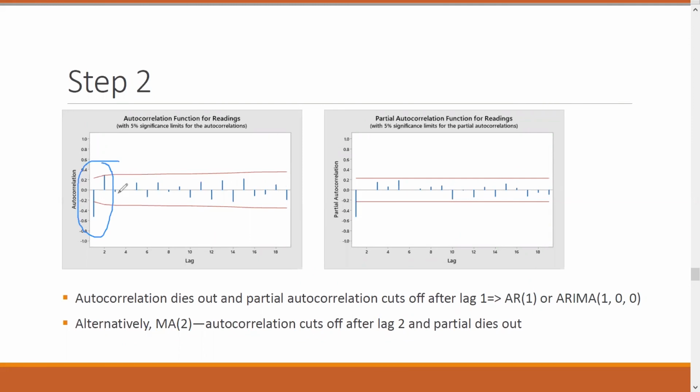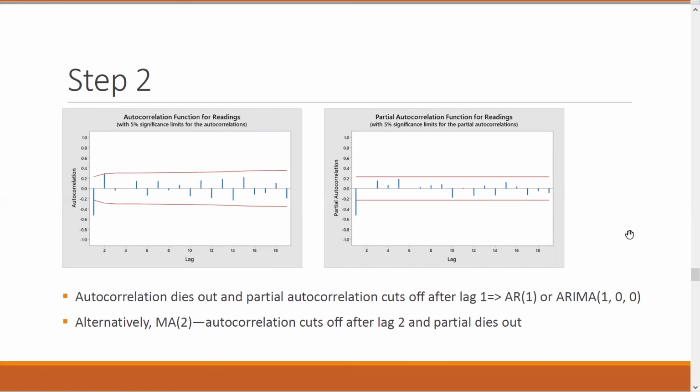In particular, lag 3 is virtually 0 and lag 4 is 0. So we can say autocorrelation is cutting off at lag 2, and therefore we have an MA2 process. Or if we want to write it as ARIMA, that will be 0, 0, 2. Those are the parameters for ARIMA.